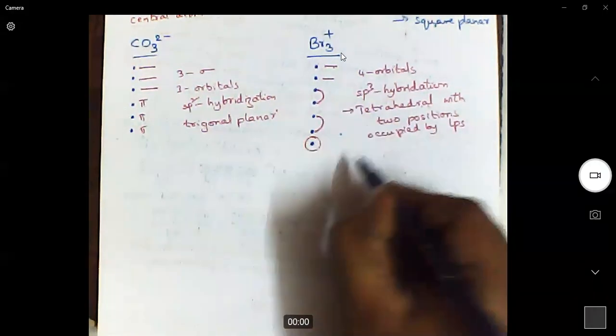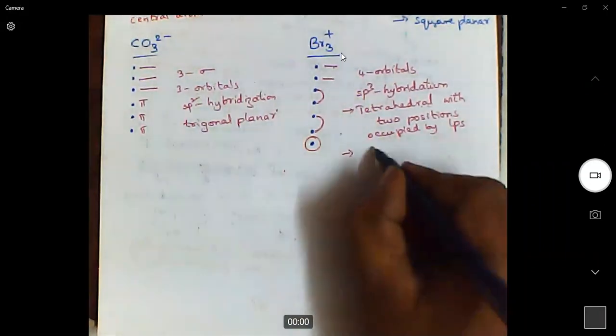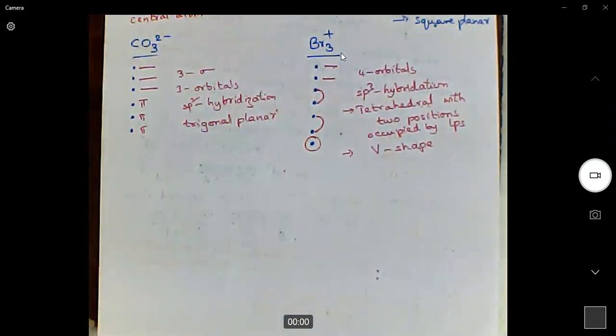But generally we don't consider lone pairs in order to discuss the shape. So without lone pairs it is V shape.